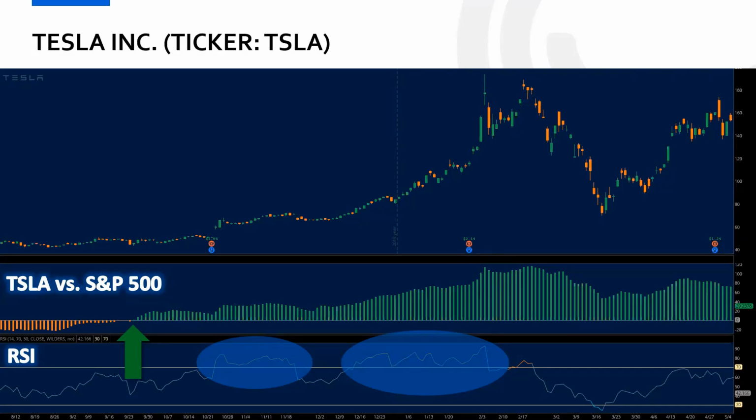All we need to do is look at this particular formula and determine whether Tesla is outperforming the benchmark index. And that's what it told us right here towards the end of September. What happens is the stock over the next few months goes up 1,868%. Okay. And once I reveal the formula to you and you go and check this out, you're going to find these opportunities all over the place.